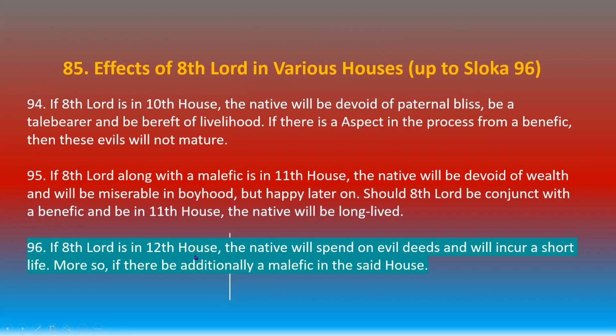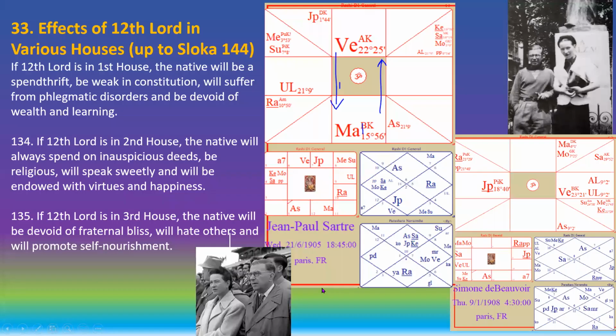If the 8th lord is in the 12th, the native will spend on evil deeds and will incur a short life, but that is if there is additionally a malefic in the said house. Now, if you have the 8th lord in the 12th, you have the blessings of Lord Krishna. In some lifetime you have done a lot of sadhana of Lord Krishna. So that is how you need to see this.